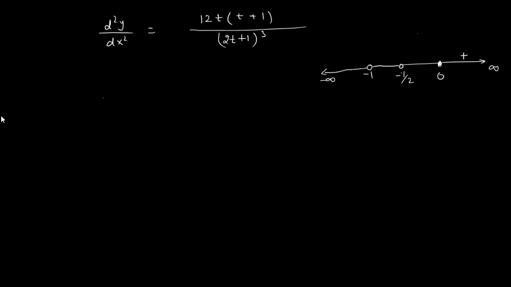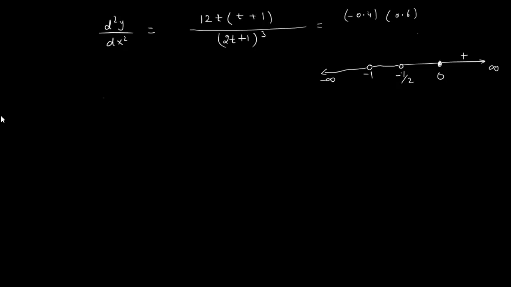Now, if we take a number between negative 0.5 and 0, let us say we put negative 0.4, then our numerator is negative because t is negative 0.4 and t plus 1 is 0.6.